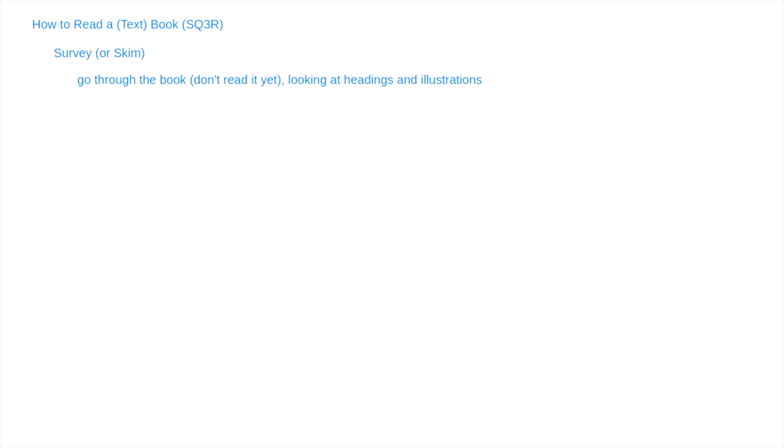Look at them, and do look at the illustrations and read the captions to the illustrations. Illustrations include graphs and tables and things like that. Most textbooks nowadays also have little summaries, and sometimes the summaries come before and sometimes after. So you will also look at the little summaries.